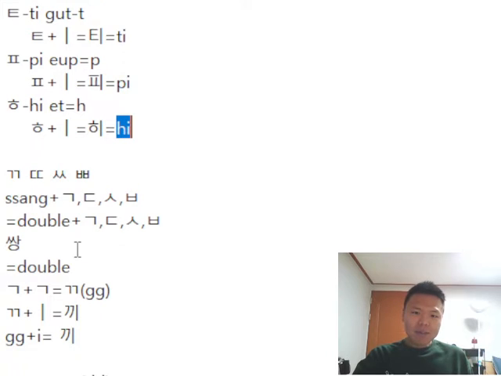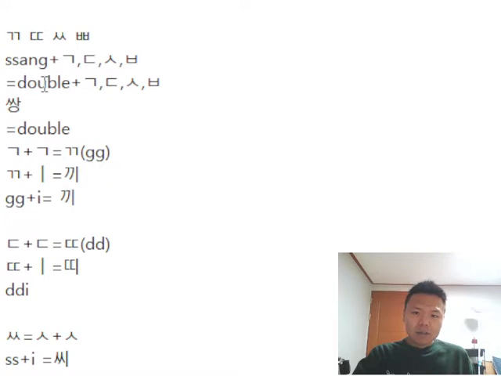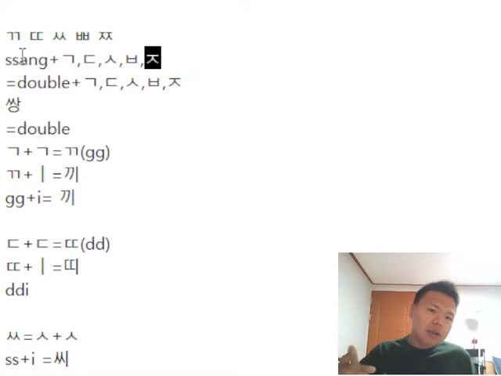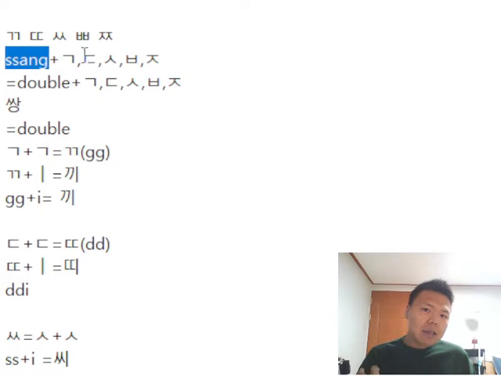And then, look, sometimes you see Korean consonants like this in dramas or something like that. We say this is 쌍기역, 쌍디귿, 쌍시옷, 쌍비읍, 쌍지읒. 쌍 means double.